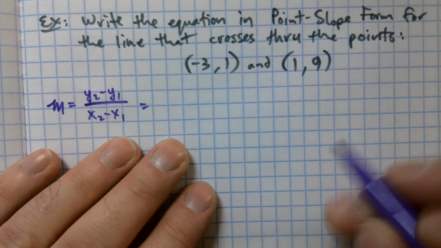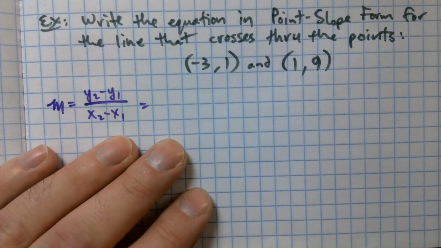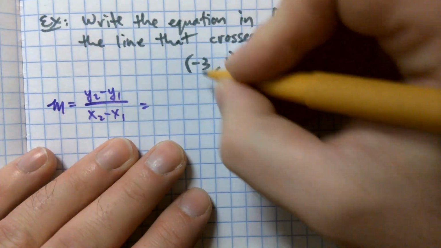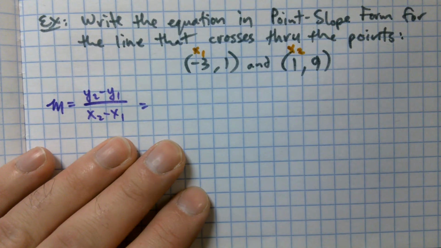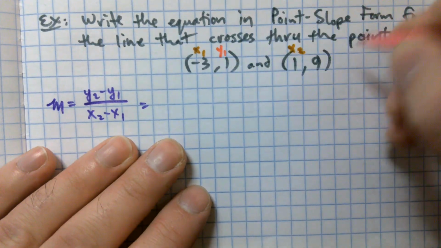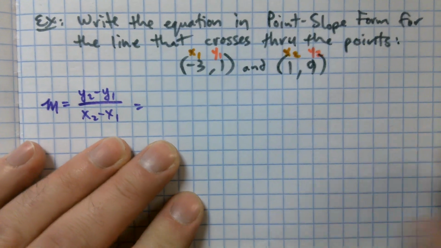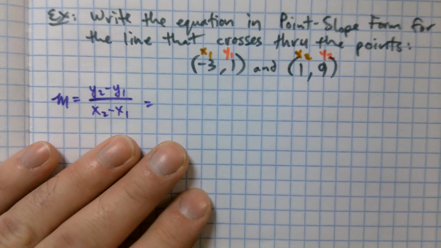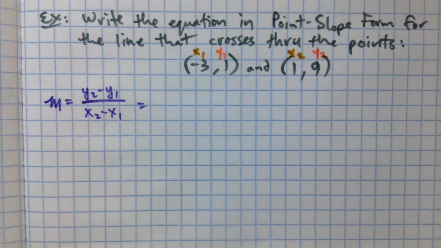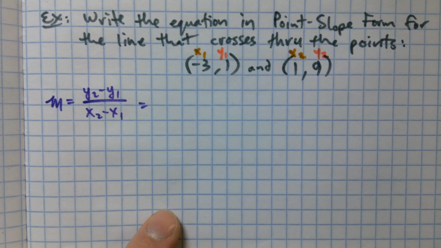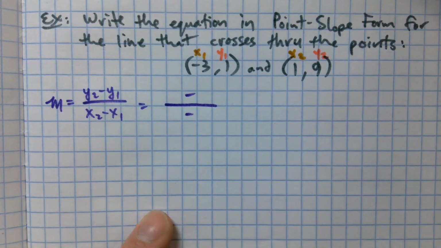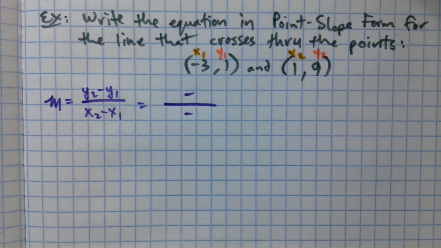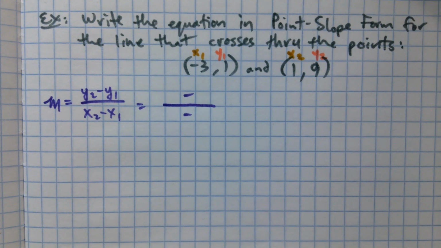I'm going to label my little guys here as x1, y1 and x2, y2. Am I going too quick?